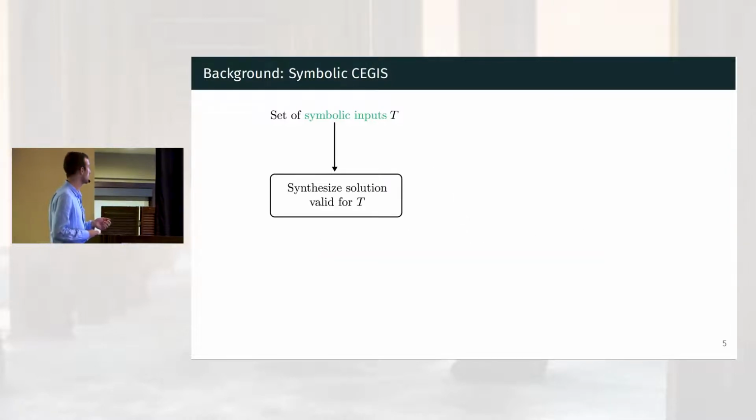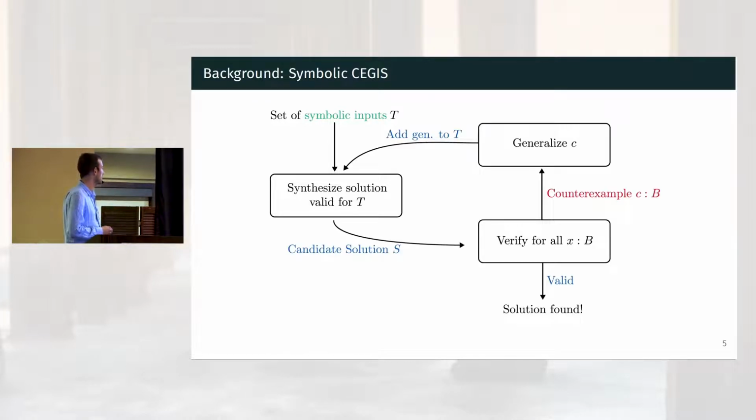We integrate this in a loop with the synthesis oracle, which can be implemented using, for example, syntax-guided synthesis. If we have a candidate solution, we need to verify it over all inputs of type B. If it's valid, we have a solution. Otherwise, we have a counterexample which we can generalize and add to T. So this is a symbolic version of the CEGIS algorithm, if you know the counterexample guided inductive synthesis algorithm.